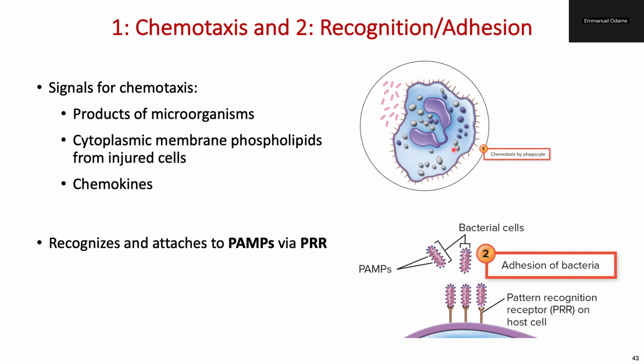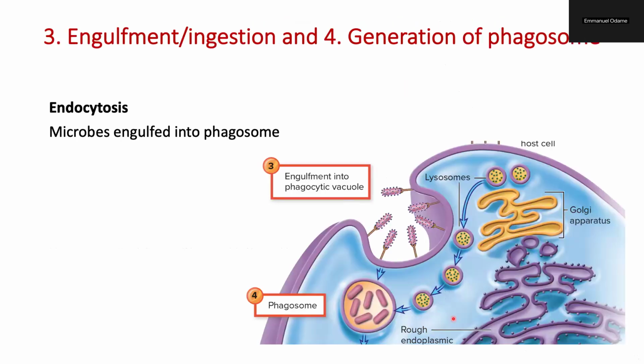So first, chemokines have to be secreted, or signals of chemotaxis have to happen, and next is the attachment of the immune system to the bacteria or the foreign pathogen. Following that, your white blood cells have to engulf the pathogen.